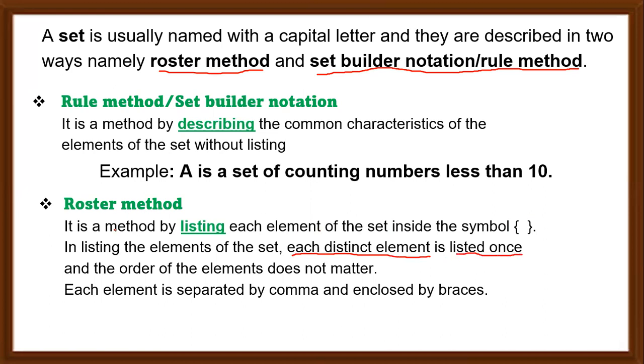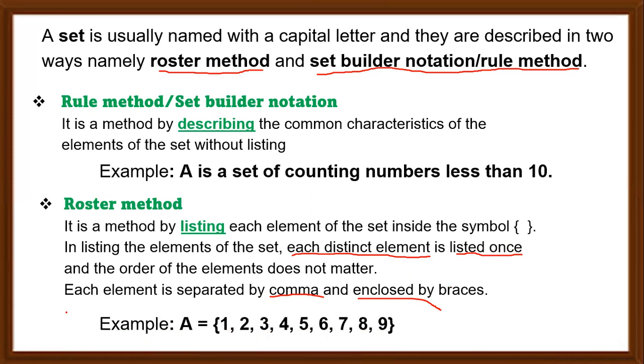Hindi pwedeng madoble. And the order of the elements does not matter. Ibig sabihin lang yan, pag nilista mo, kailangan wala siyang kaparehas doon sa loob ng open-close braces, regardless of the order. Each element is separated by comma and enclosed by braces. Ganoon po kung paano tayo magpangalan or magsulat ng elements sa loob ng open-close brace.